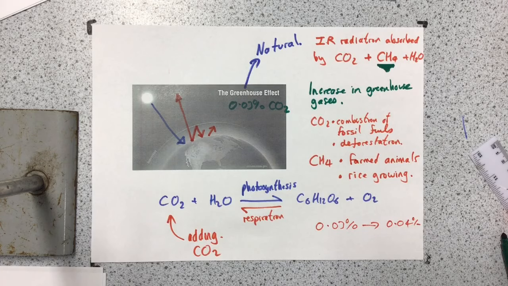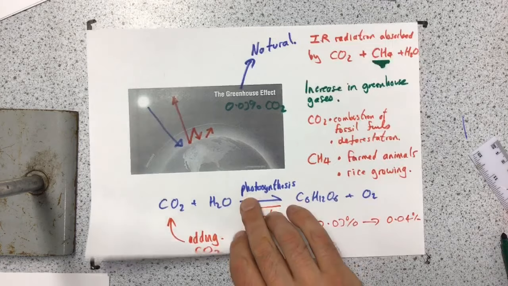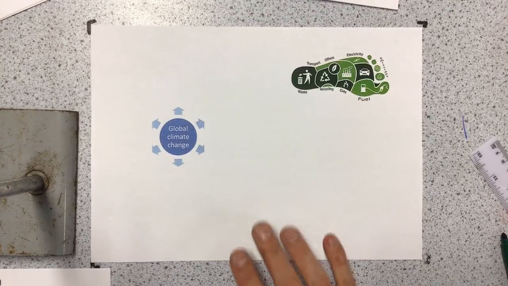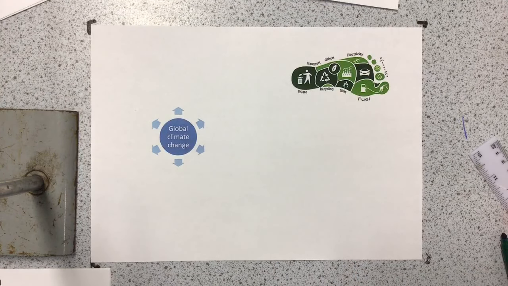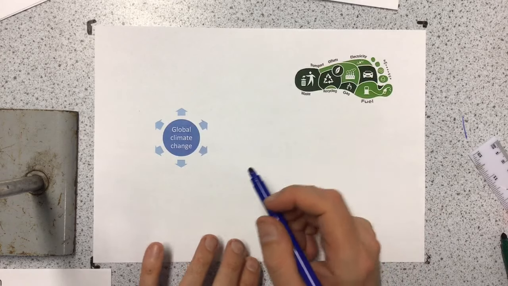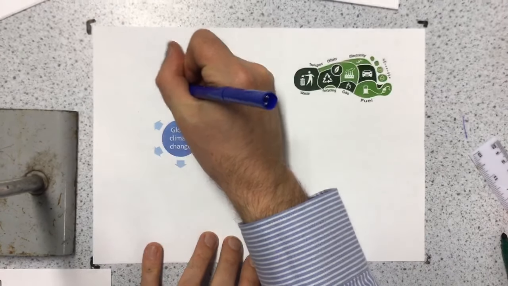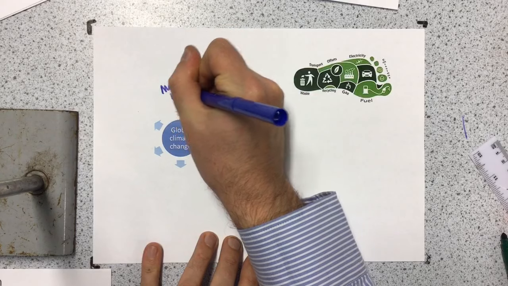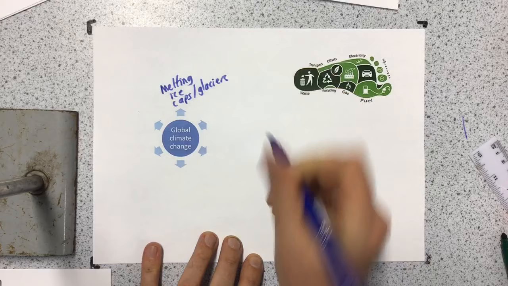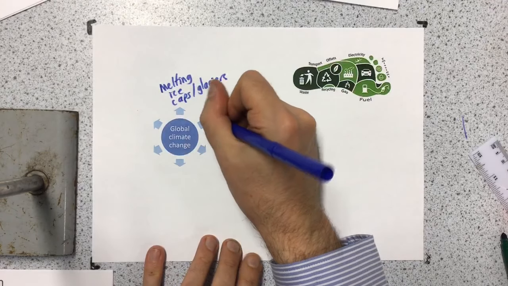So this means that we end up with a phenomenon which is referred to scientifically as global climate change. Okay? Now, lots of people say that the greenhouse effect causes global warming. Well, yes, it does. But global warming is only one of the consequences of global climate change. So there's lots of other things. So we have melting ice caps and glaciers. Okay, what else do we have? We have loss of habitats.